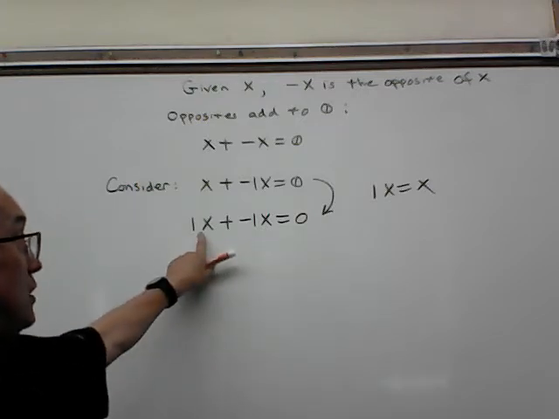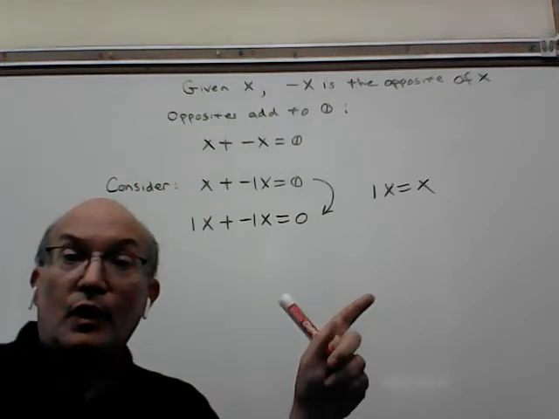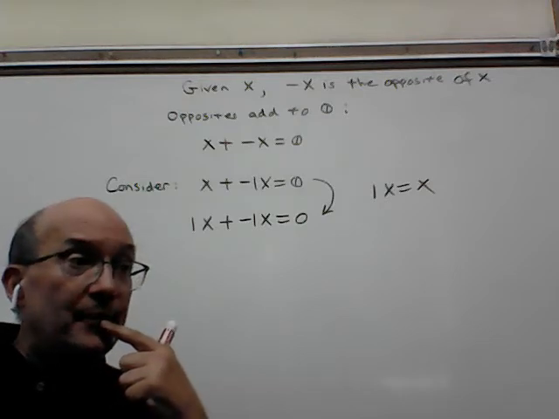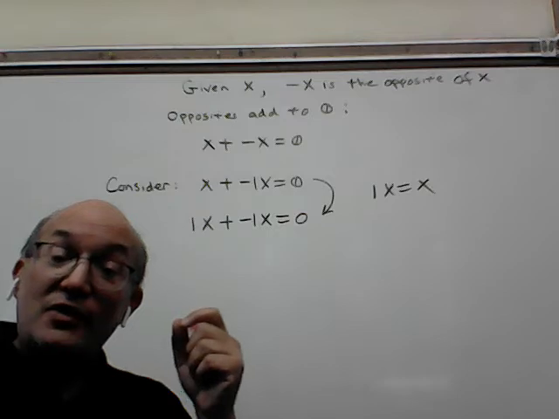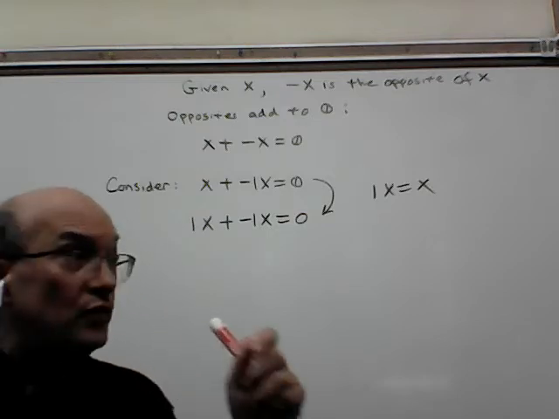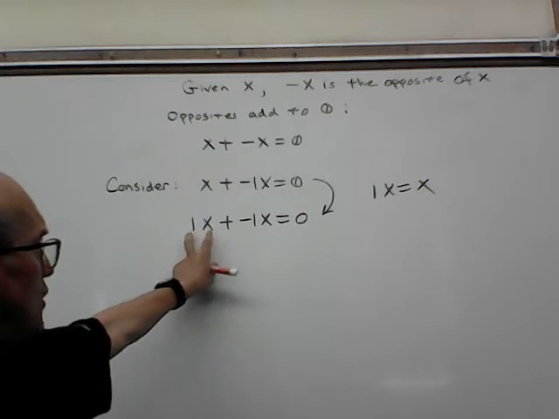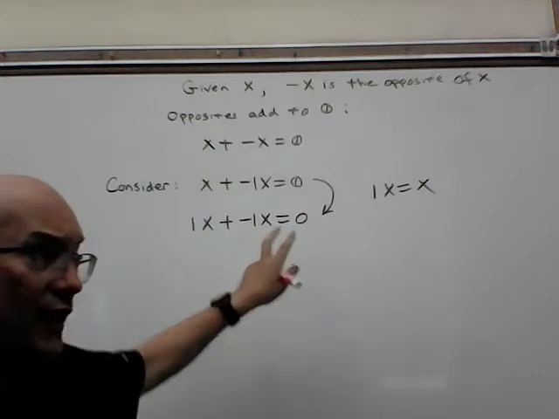So going from this line to this line, we've used something that you learned in third grade. What comes next? Well, the distributive property, or as I often say, the distributive property backwards. If you look at these two terms being added together, you've got 1x and negative 1x.